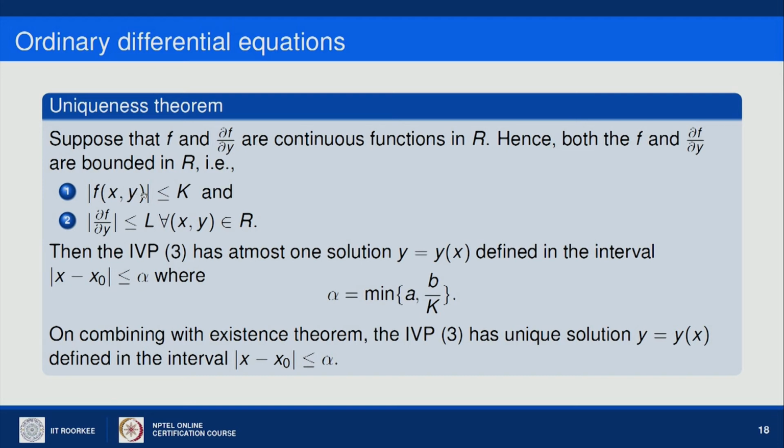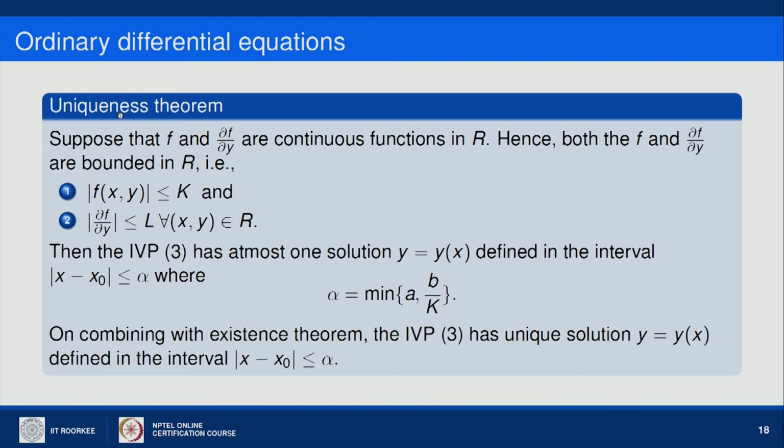So, this first condition gives existence of the solution, the second gives uniqueness, because it says at most one solution, y equals y of x in the interval again absolute value of x minus x naught less than or equal to alpha, where alpha is the minimum of a and b upon k. So, as I told you, if I combine it with the existence theorem, the solution will be unique.